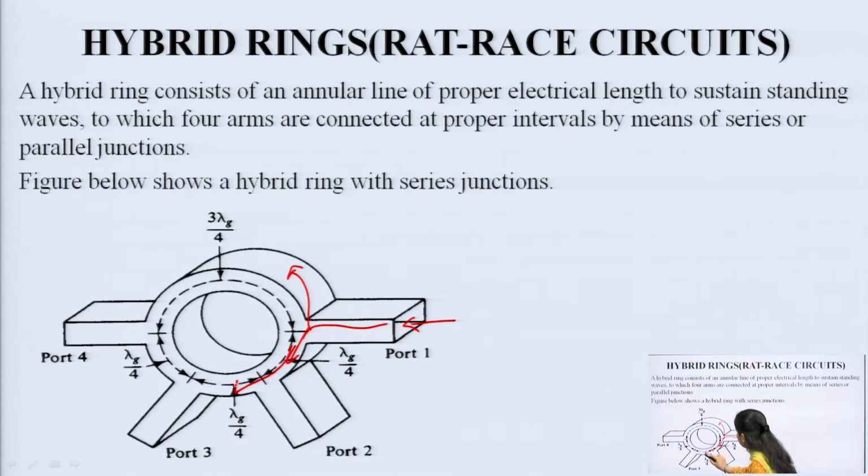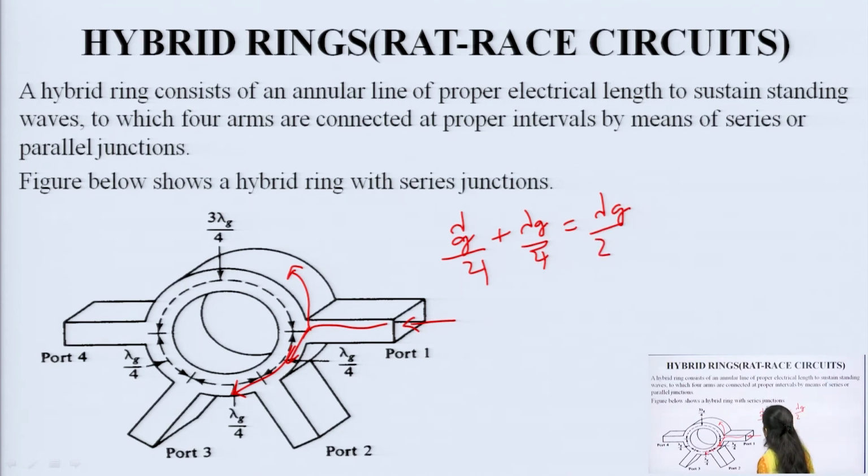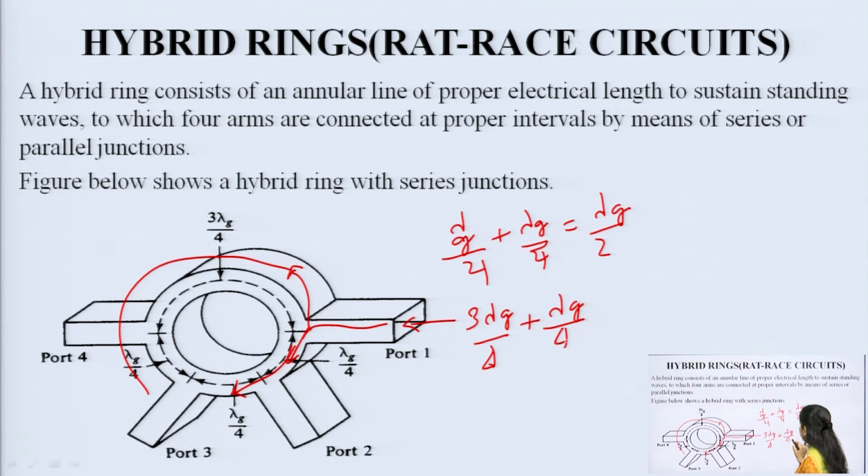Between port 3, lambda g by 4 for the first path, then lambda g by 2 plus lambda g by 2, that is lambda g by 2, and this way 3 lambda g by 4 plus lambda g by 4, so this will be 4 lambda g by 4.